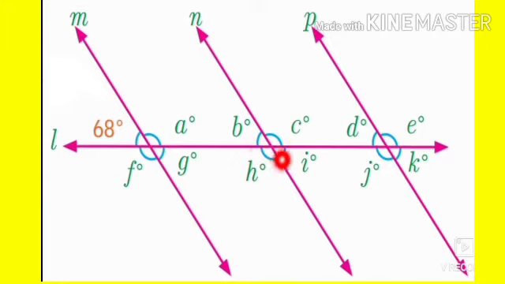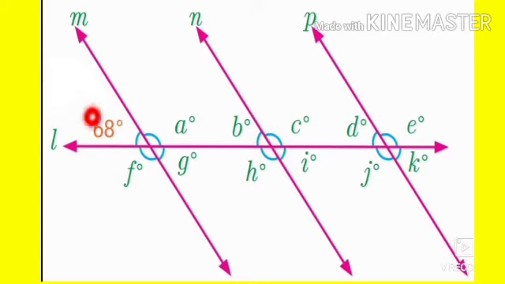First, when we take this part, that is l, m, n, m and n are parallel lines, and l is the transversal of m and n.